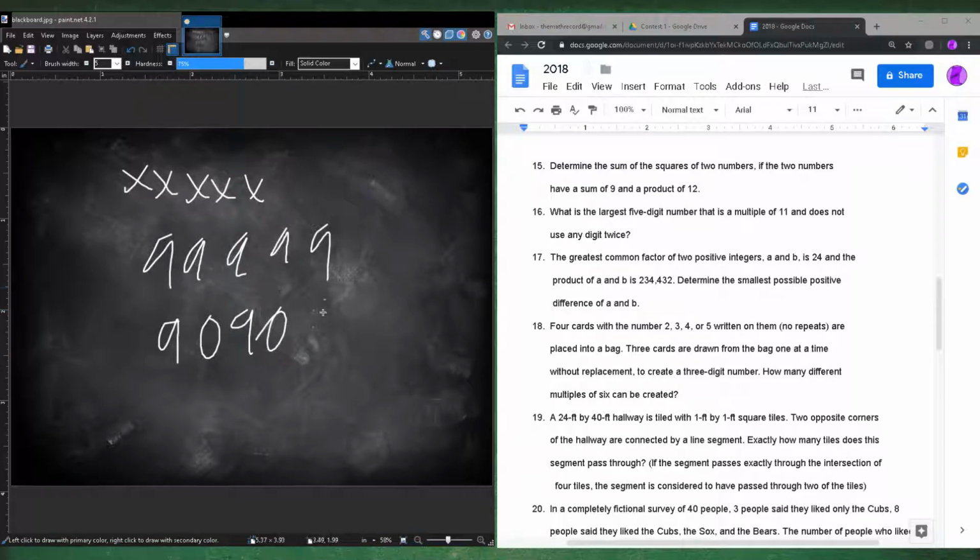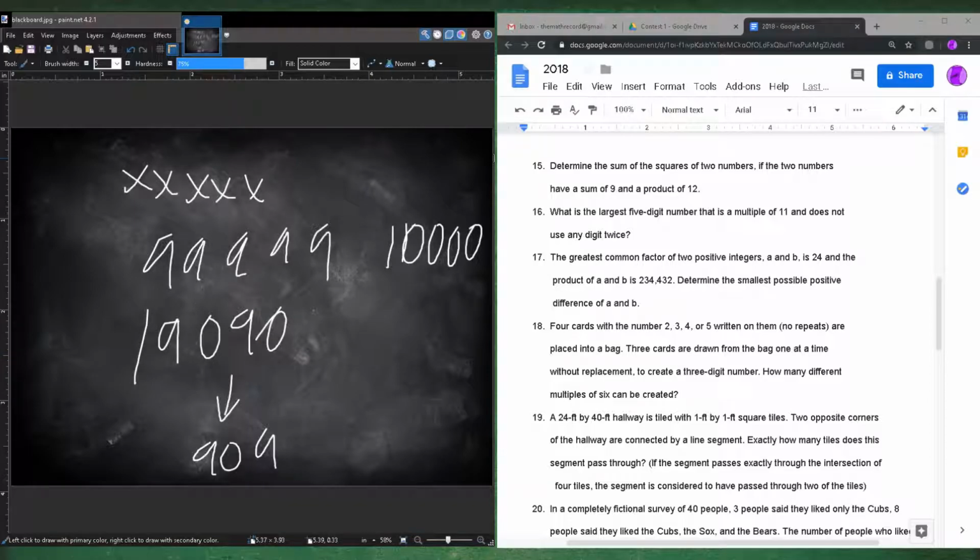Then you go all the way down to the lowest number, which is not 9999 but 10000, and 10000 divided by 11 is equal to 909. So you have these two numbers.